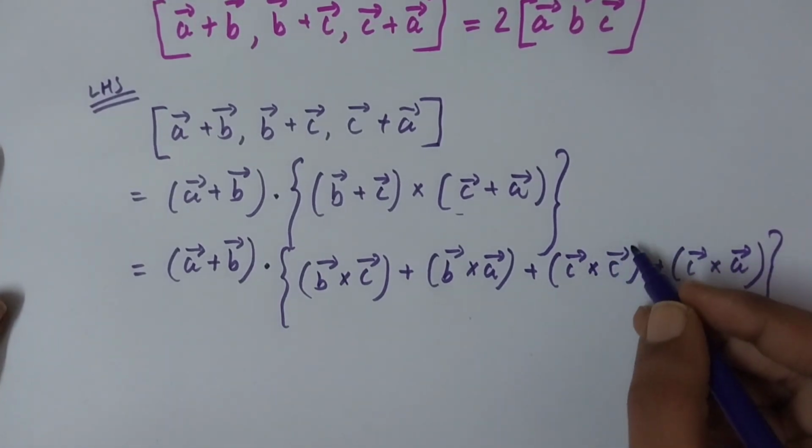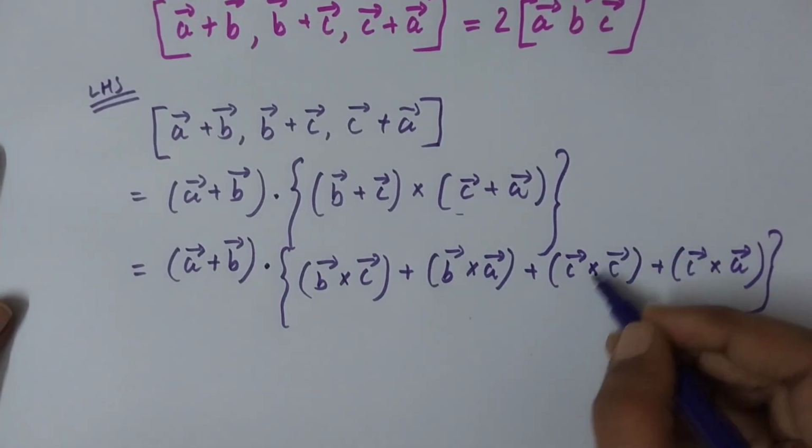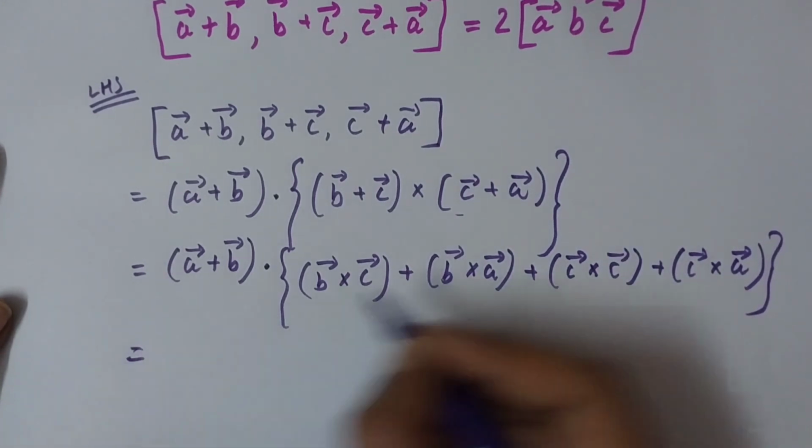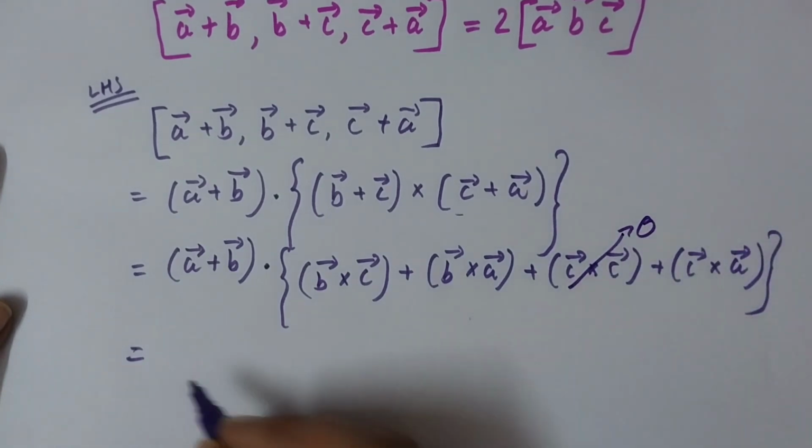Any vector taken cross product with that vector itself, that gives 0. So this term is 0.